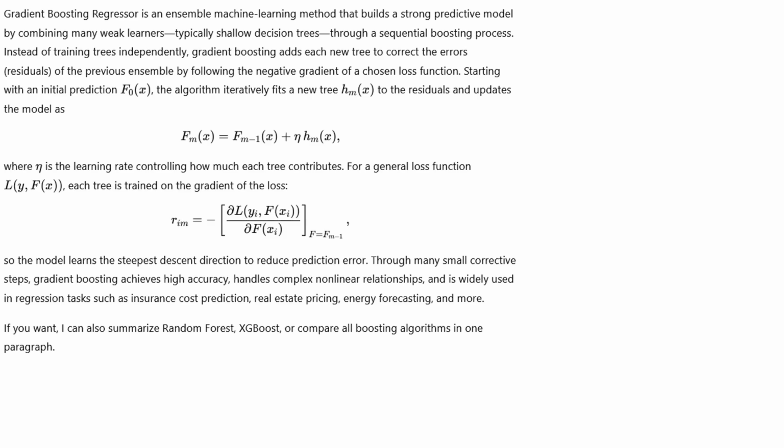You can think of it as a series of small corrections that slowly shape the model into a very accurate predictor. Because of this step-by-step improvement process, gradient boosting is excellent at capturing complex, nonlinear relationships, like those found in the medical cost dataset.